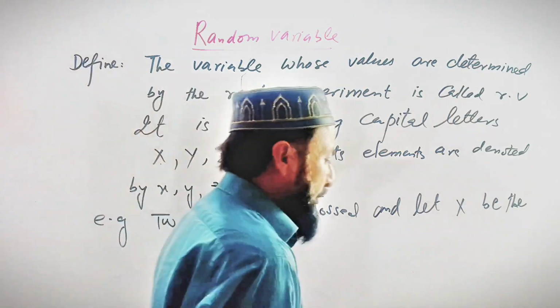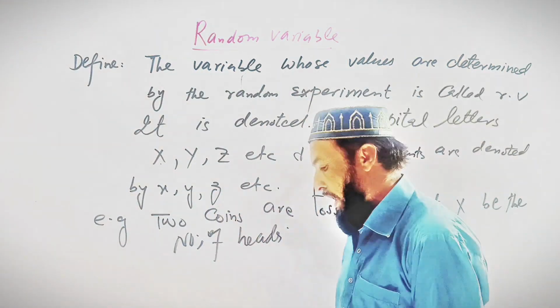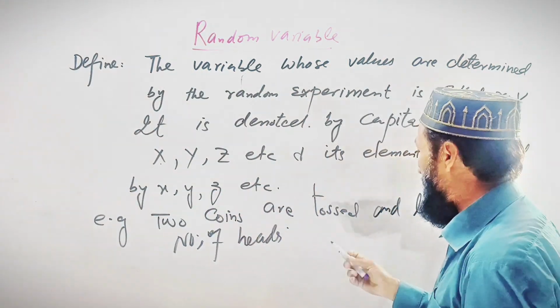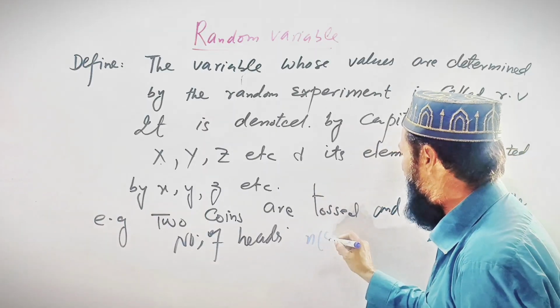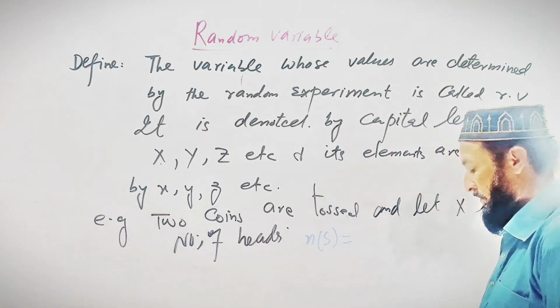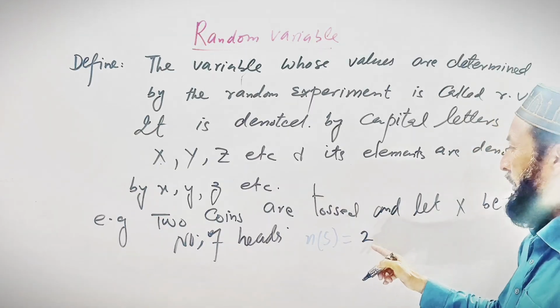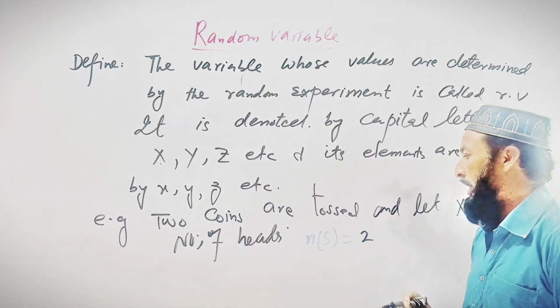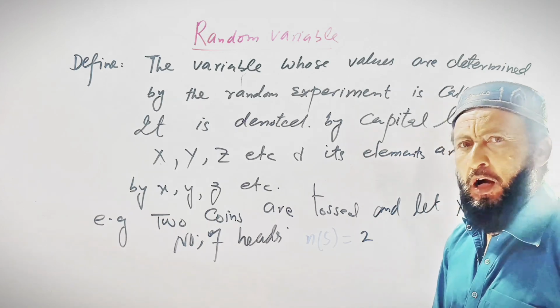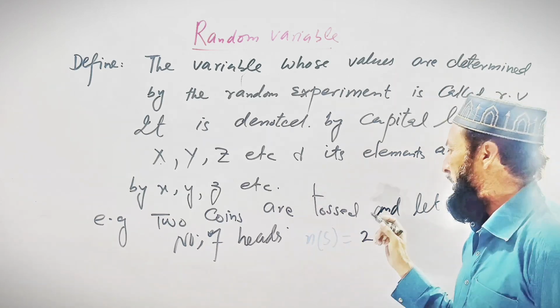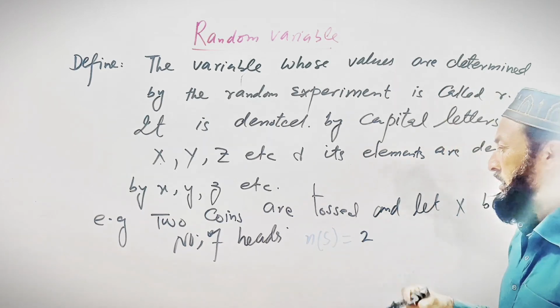So first of all, we draw the sample space, two coins are tossed. For the number of outcomes in the sample space, two coins are tossed, so there are two faces, so we write 2. If a die is rolled, we would use 6 in the sample space because there are 6 faces.